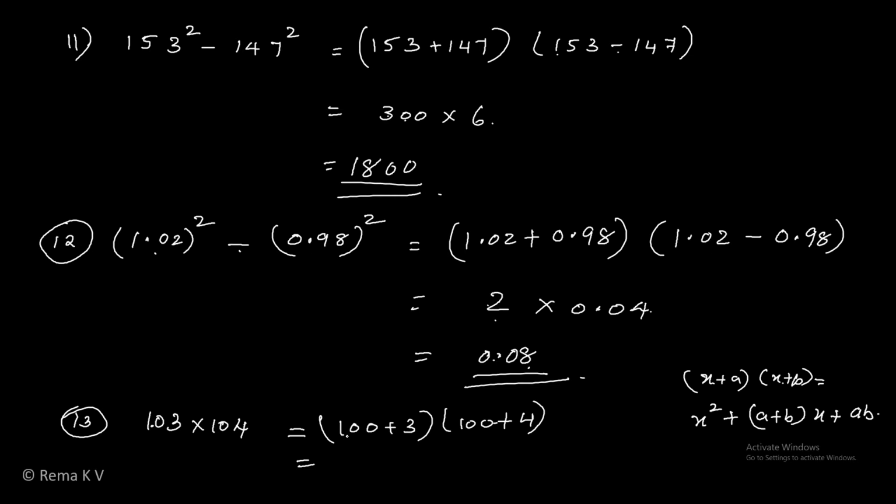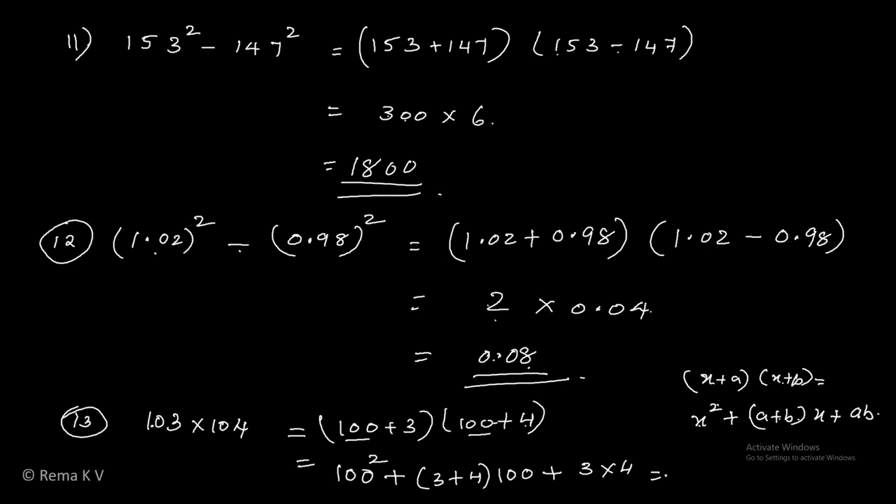So let us apply it here. First is x square. So the common term here is 100. So we have to write this as 100 square plus a plus b, here a is 3 and b is 4, so a plus b into x, x is 100, plus ab, that is 3 into 4.